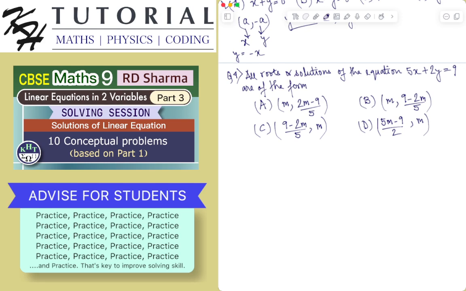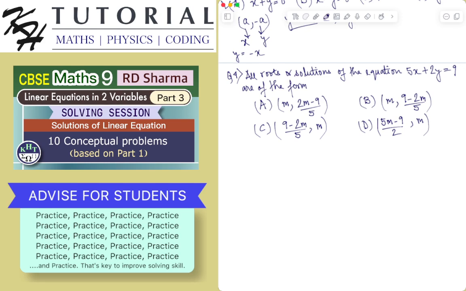That is the meaning. If the choice says m comma (2m minus 9) by 5, this means that if you consider m as the x value of a root of the given equation, then the y value of the root will be (2m minus 9) by 5.